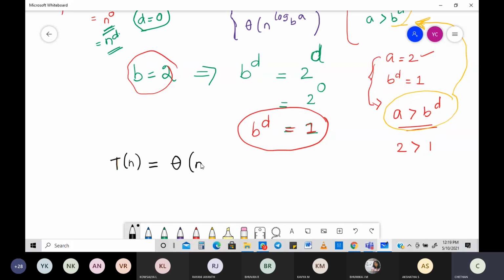This is what you're going to get. What's the next step? Next step is again theta. What's the value of n? I don't know what n is, so I'll write the same thing right here. Then log. What's the value of b? b is 2. Log 2. Then a. What's the value of a? Again 2.